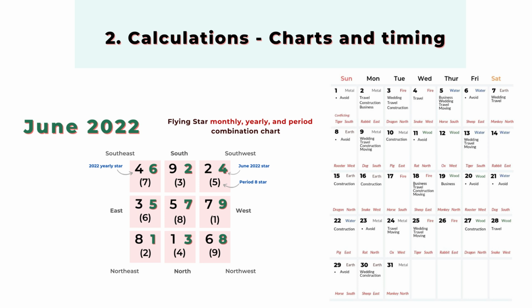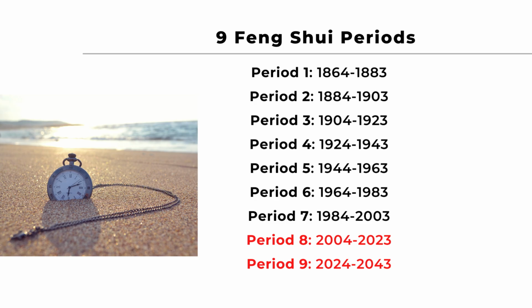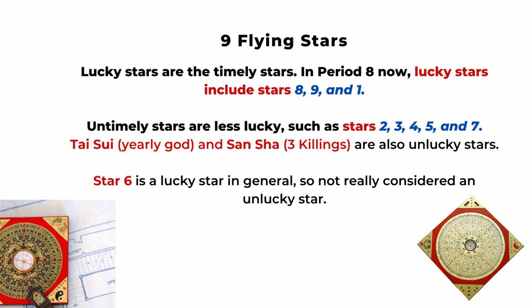Once we have the Feng Shui chart, we can find the lucky and unlucky directions. In the Flying Star Feng Shui, the lucky stars are based on the current Feng Shui period. Since we are in period 8 right now, the lucky stars include number 8, 9, and number 1. So it's the current star and the upcoming stars.